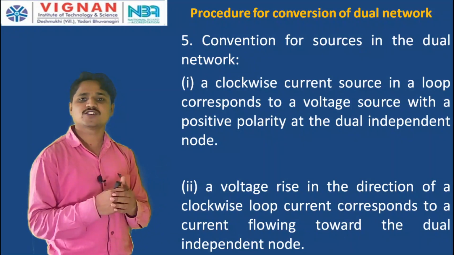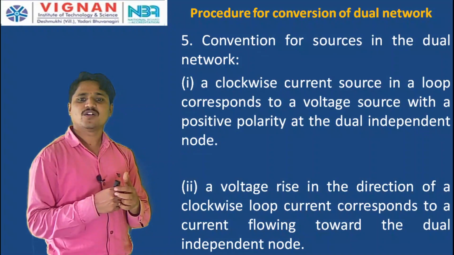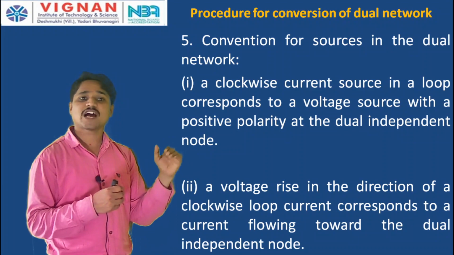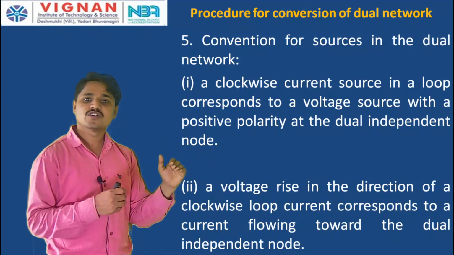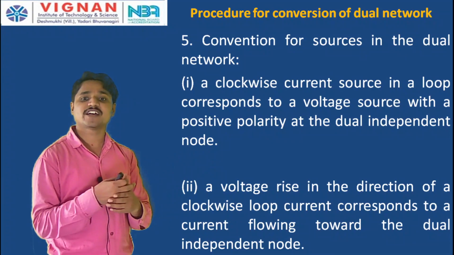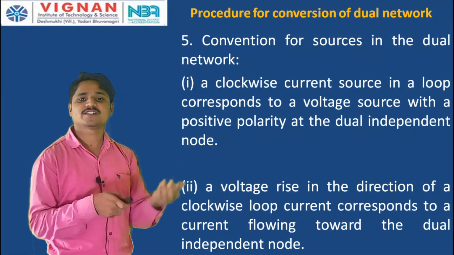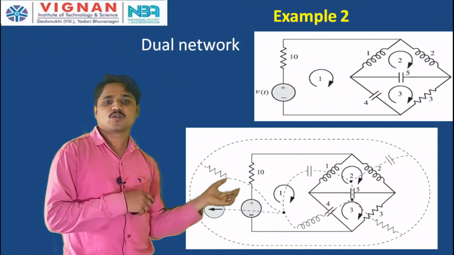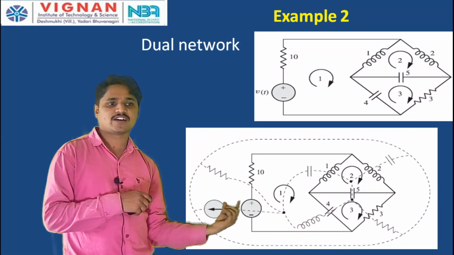If the voltage source has positive polarity, then you have to draw its equivalent current source. That means the current source direction is upwards, the rising direction. So, for the voltage source, I have drawn its equivalent current source.